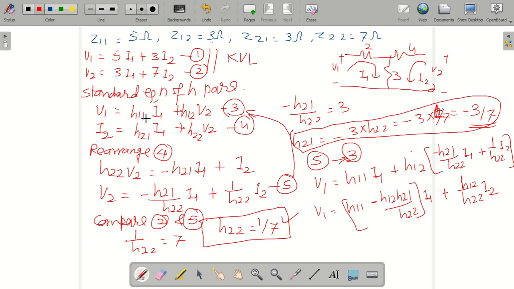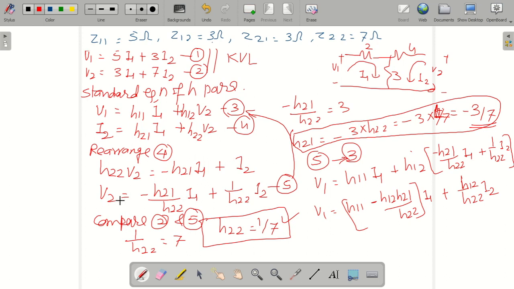V1 in terms of what? V1 in terms of H11 I1 plus H12 V2. I2 equal to what? H21 I1 plus H22 V2. Okay, so rearrange 4. If you rearrange 4, H22 V2 equal to minus H21 I1 plus I2, right?